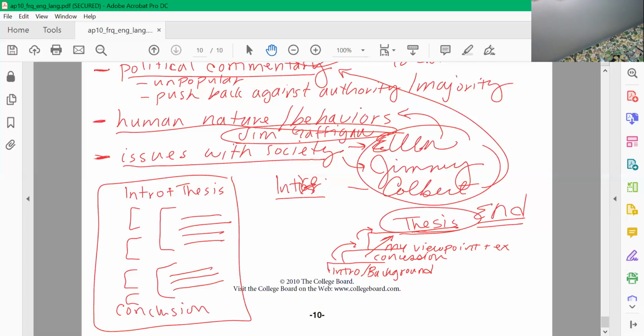And maybe I build in some counterclaims. But if you do counterclaims, which you probably should do, right? You need to refute them. You can't just leave them hanging, otherwise it makes you weak. And you don't want that.